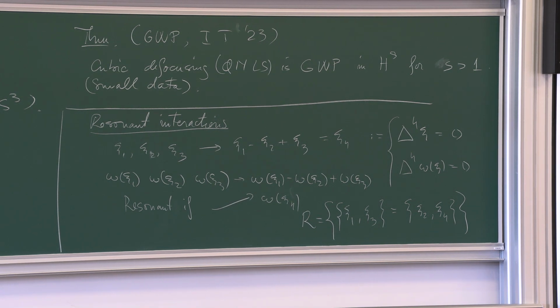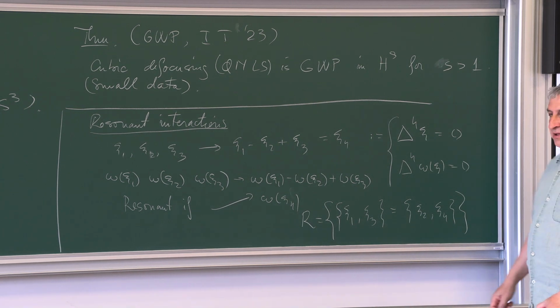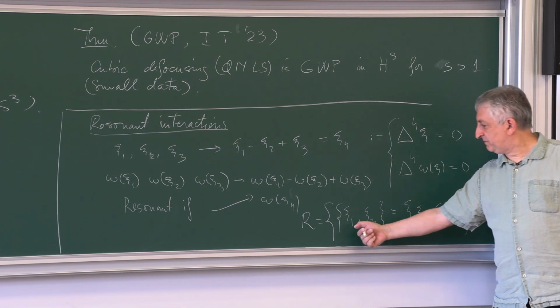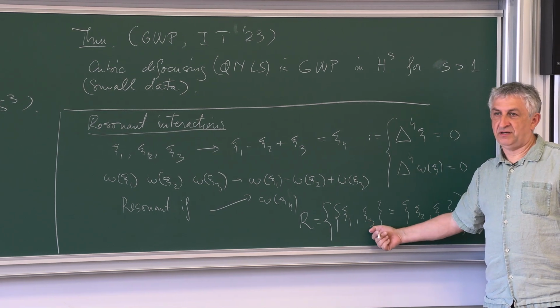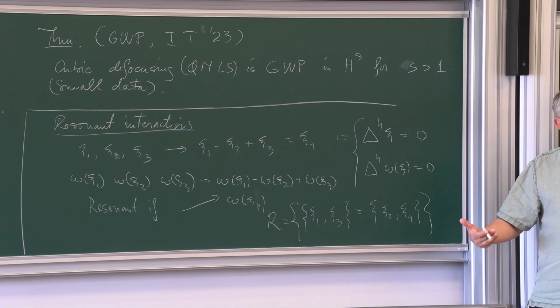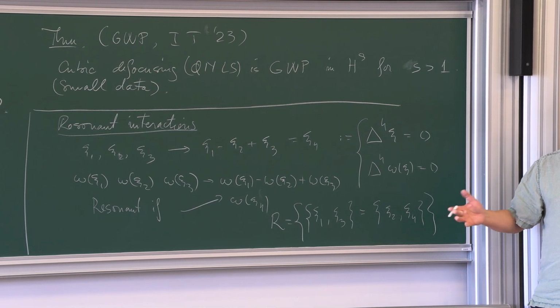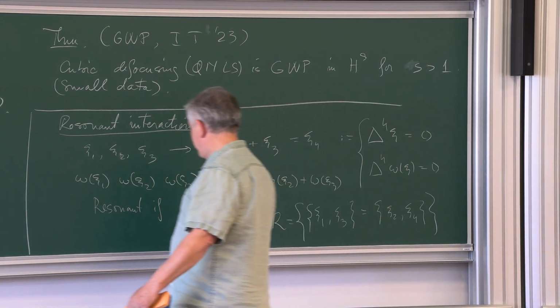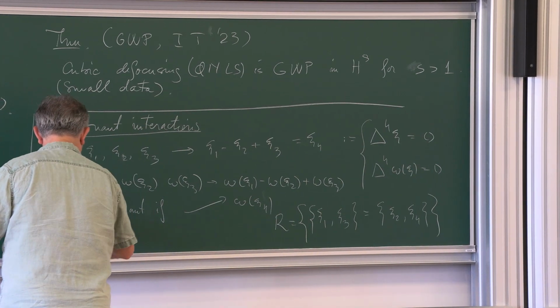calligraphic R. But I was also telling you last time that really the worst case scenario is when you have parallel interactions. Well, if these frequencies are not equal, then we have transversal interactions in here. That's better. So the worst case scenario is when all frequencies are actually equal. And that's what we call R2.